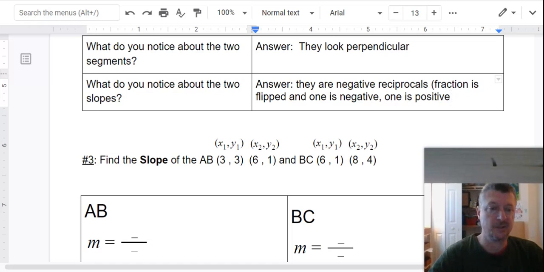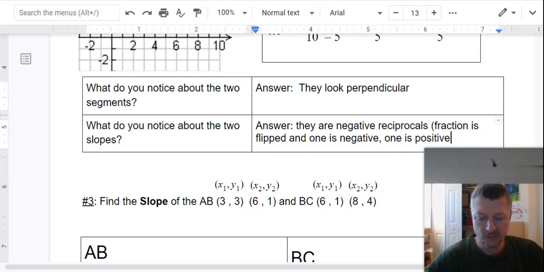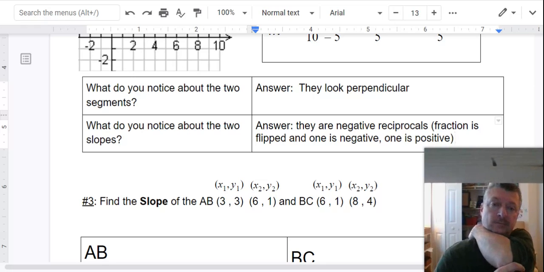Okay, that's it. So that's what you're going to see when you see perpendicular slopes. So, for example, if one was 1 over 4, the other one would be flipped, 4 over 1, and have a negative.